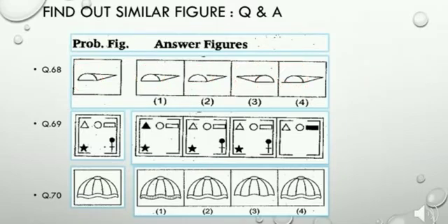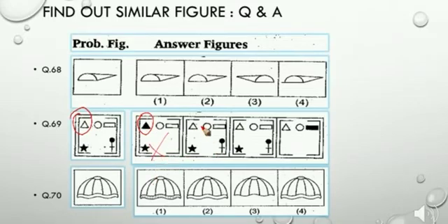Let's move on to the next question, question number 69. Let's take one of the corners and check whether this corner is available in any of the answer figures. In option 1 this is not matching because in the problem figure the portion has a triangle which is not colored, but in option 1 it is colored black, so it cannot be the answer.